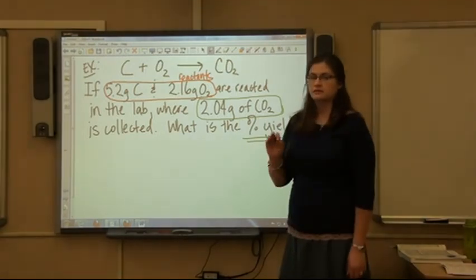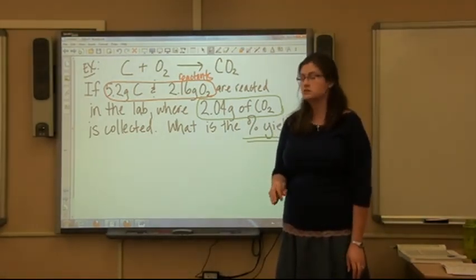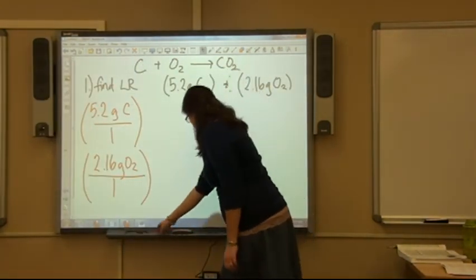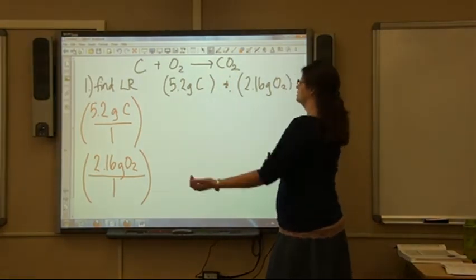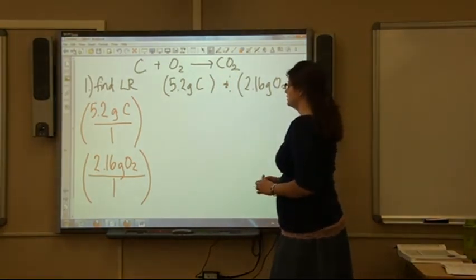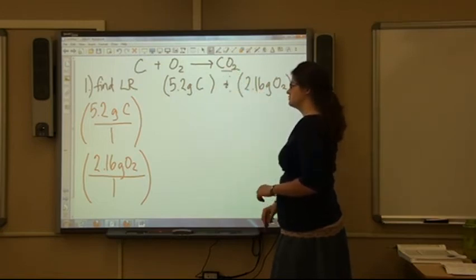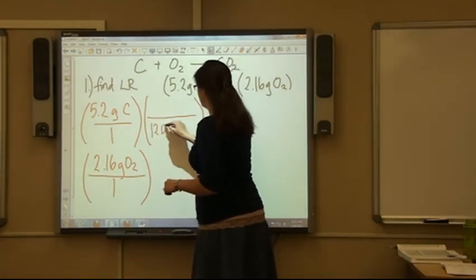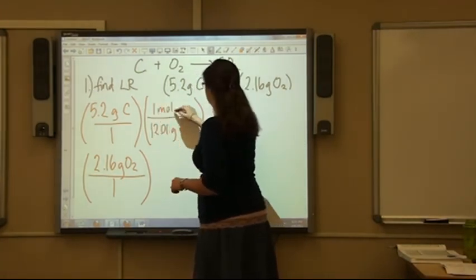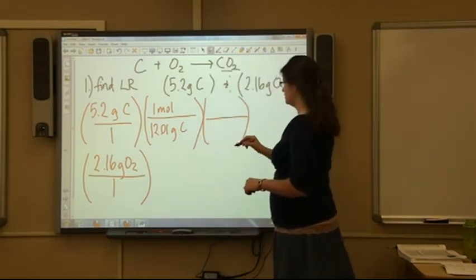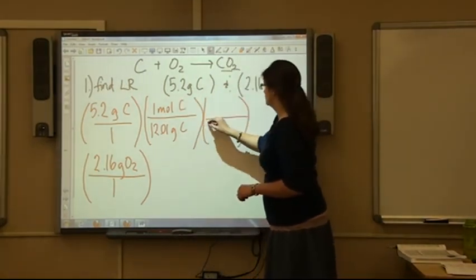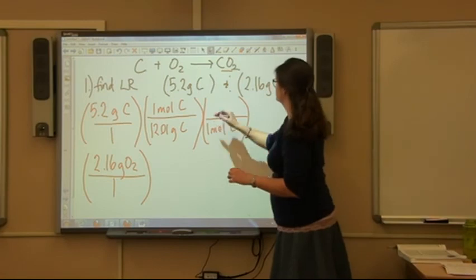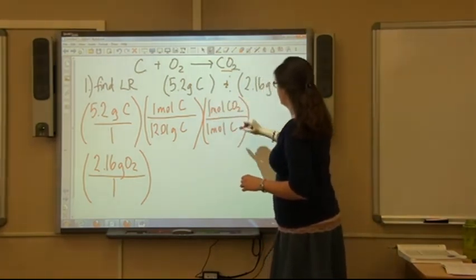First, let's solve the limiting reagent problem. Let us calculate how much product can be produced from 5.2 grams of the carbon. Always put the molecular weight here. Here's your tricky bracket. 1 mole of carbon. We're calculating for the product, so that's your second species. That's what goes up here, 1 mole of carbon dioxide.